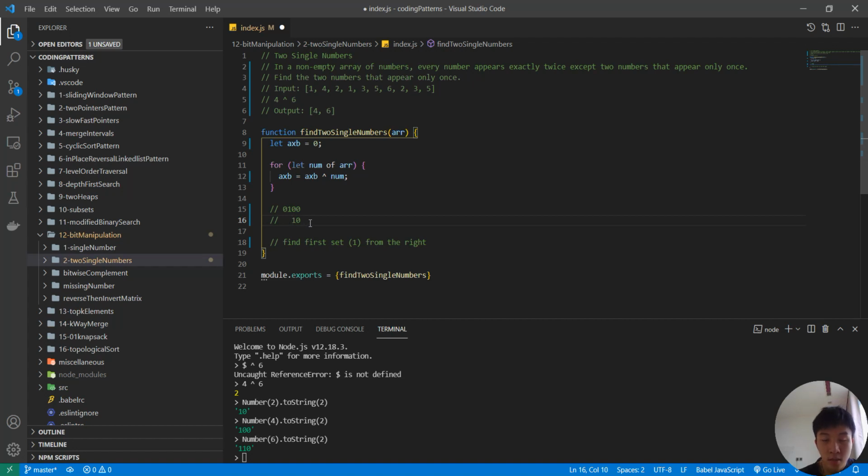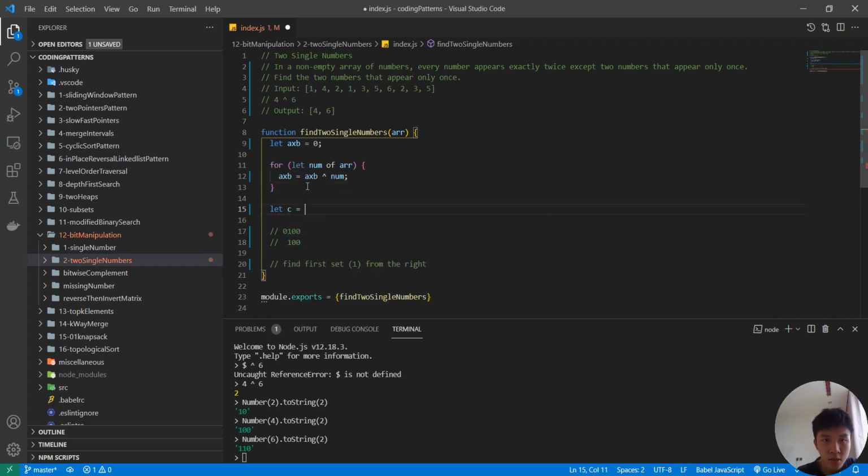Again, we shift to the left. Now it's different from 0 because 1 AND 1 is 1. So the idea here is we start from 1 and we AND c with this one.